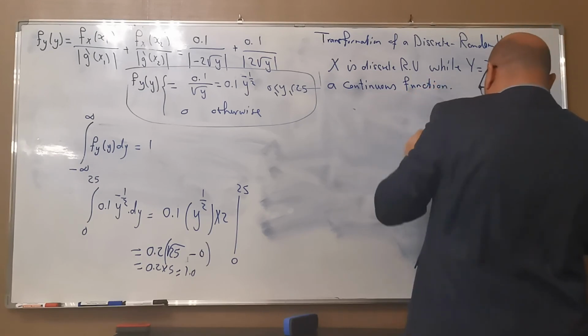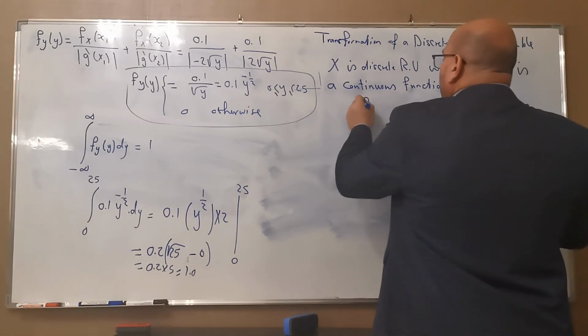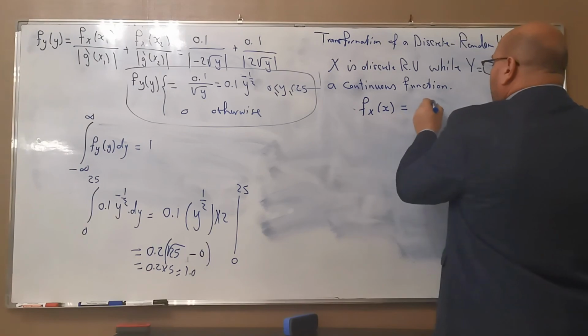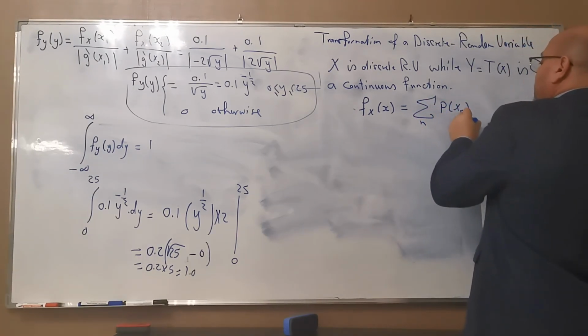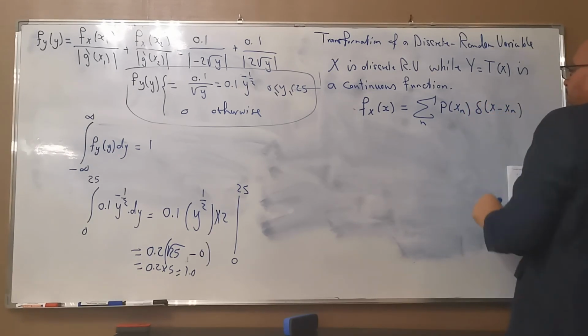Okay, so if we have f of x, we took it before, it's the summation over n of p of xn times delta of x minus x sub n.